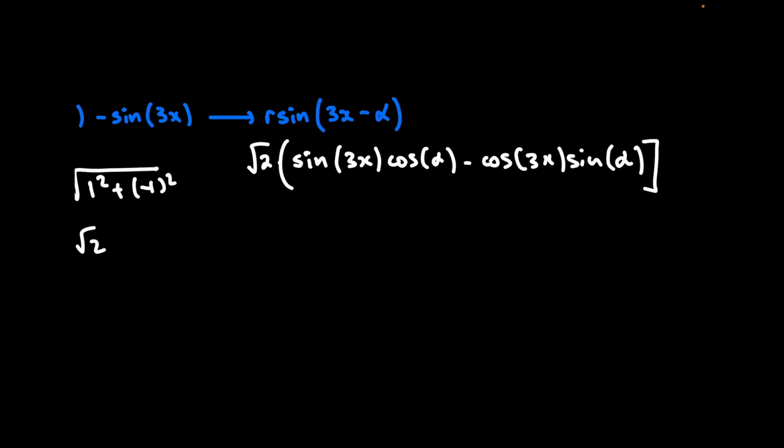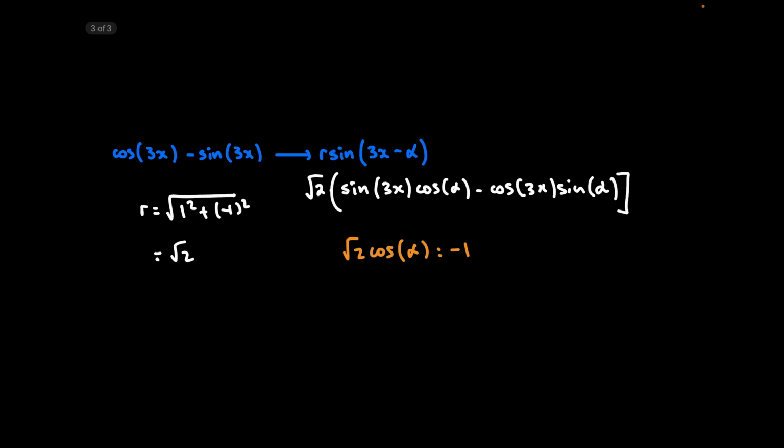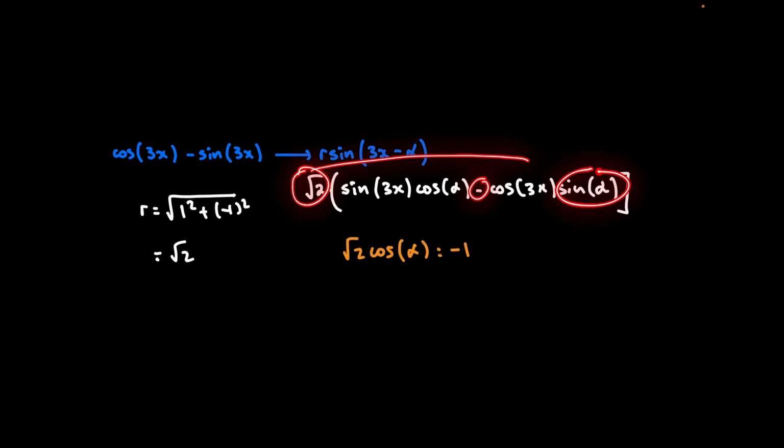So here we can see that root 2 times cos alpha is just the coefficient of sine 3x. The coefficient of sine 3x here is negative 1. So that would mean that root 2 cos alpha is equal to negative 1. Then we can also say that root 2 times negative sine alpha is the coefficient of cos 3x, and the coefficient of cos 3x here is just 1.